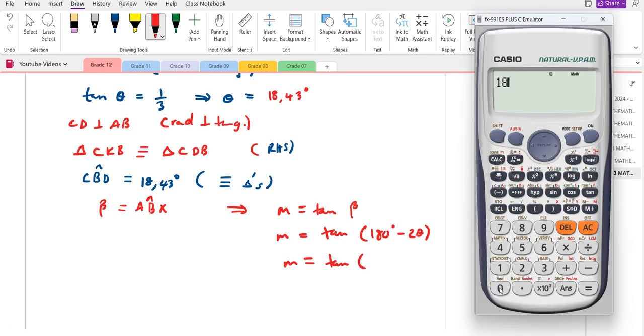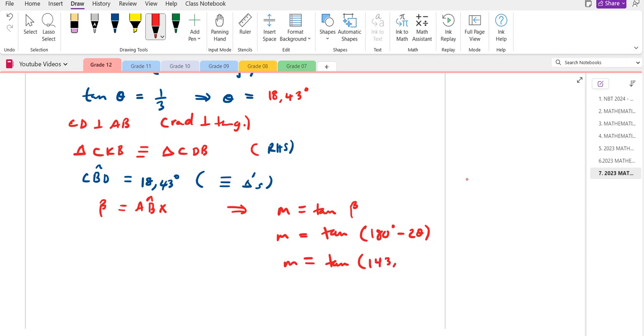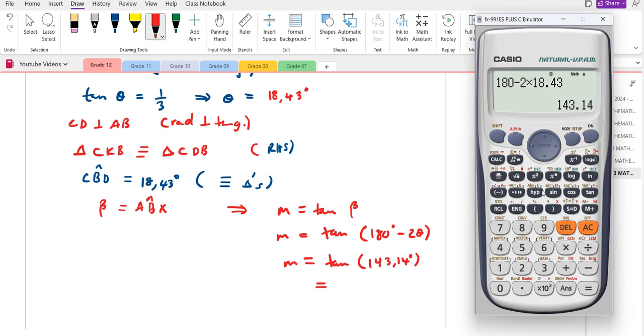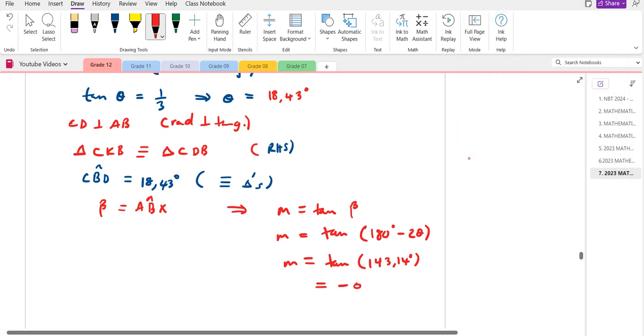180 minus 2 times 18.43. So I'm getting this answer here, 143.14, which is tan of the answer is going to give me 0.75, which is negative 3/4 approximately. Right, so now we have a gradient.